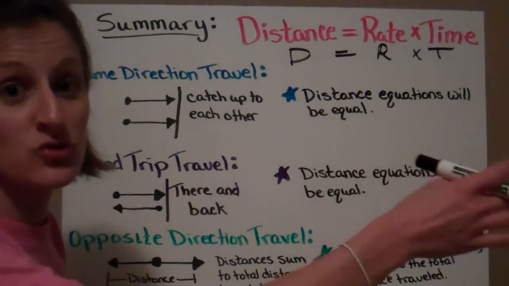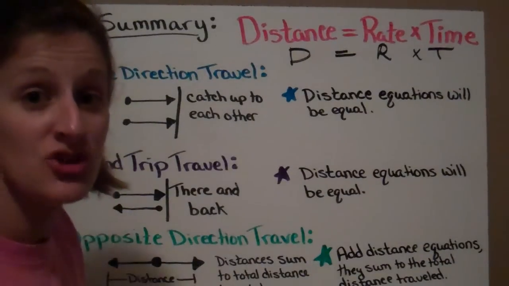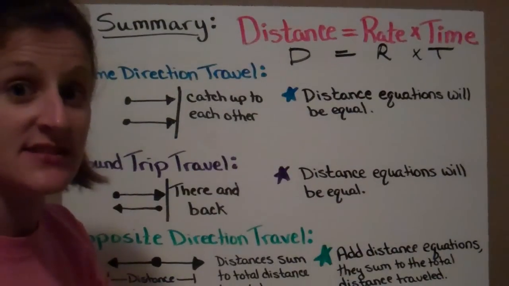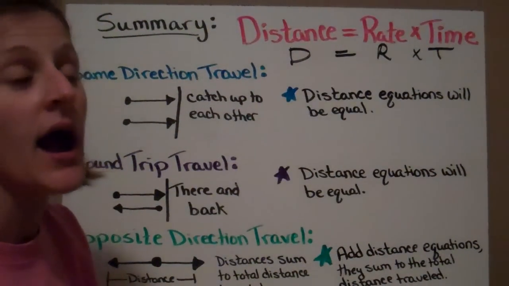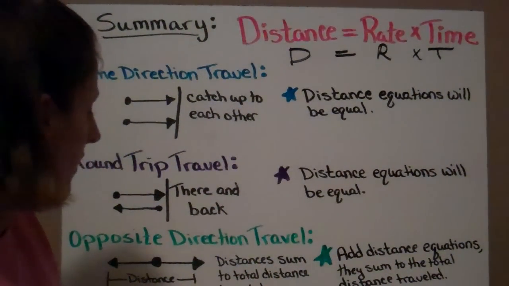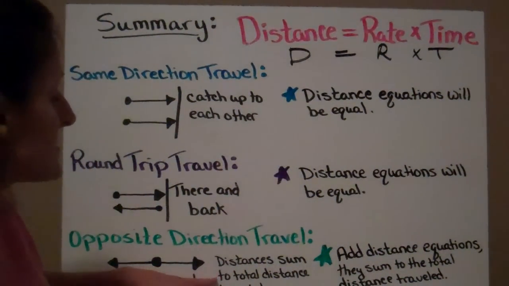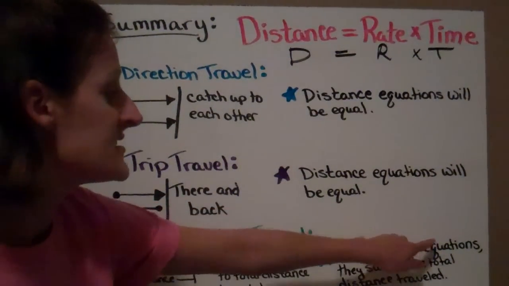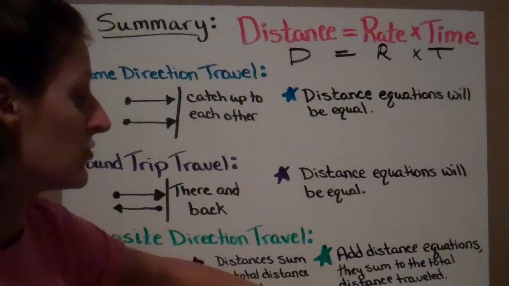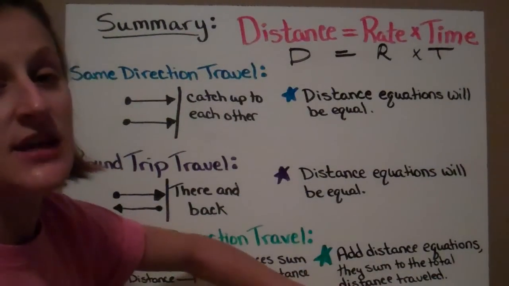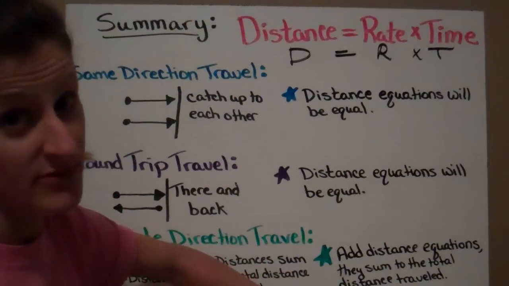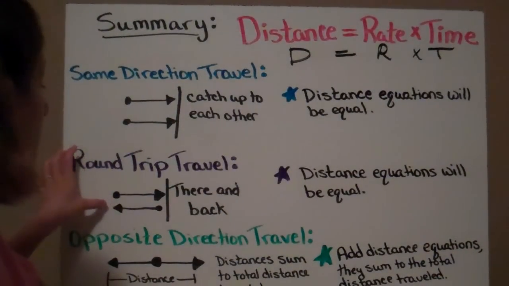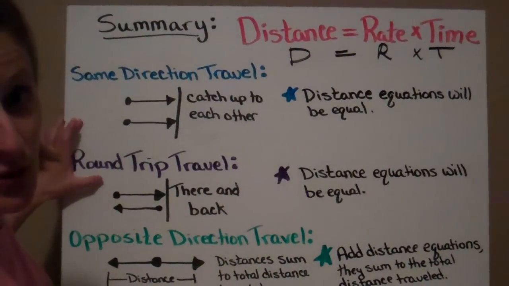That's when one goes right, one goes left, but we start at the same point, and we need to add each other's distances together to get how far apart we are in the end. So the distances sum to the total distance traveled. This is the only time you're going to add them together. Other than that, same direction and round trip, you set them equal to each other.